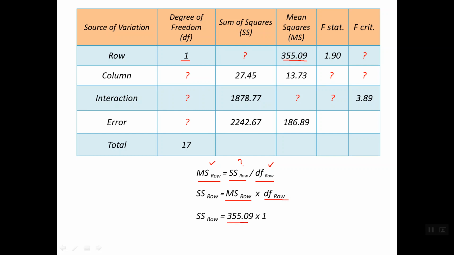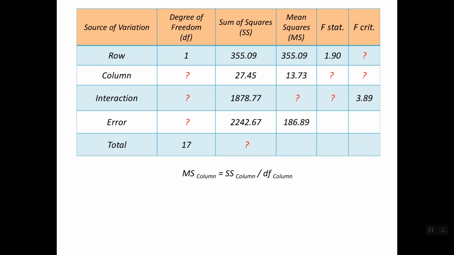This is the MS for the first factor, the row, and this is the degree of freedom for this factor, it's 1. So this is the value of the sum of squares for the first factor, which is the row.